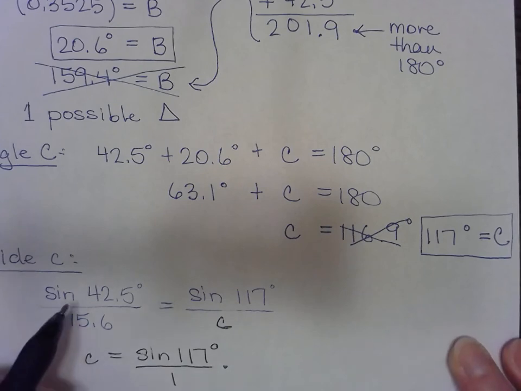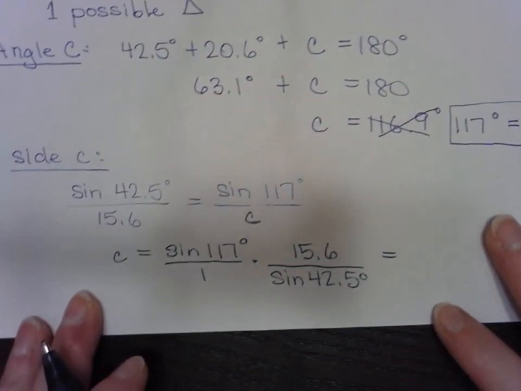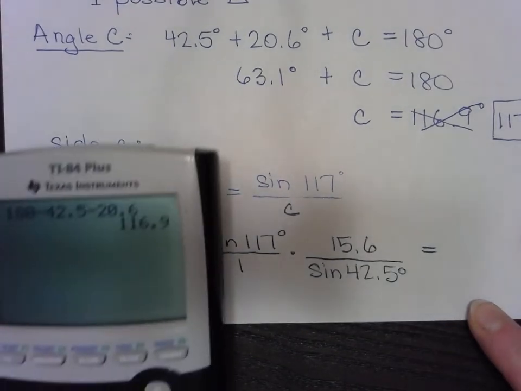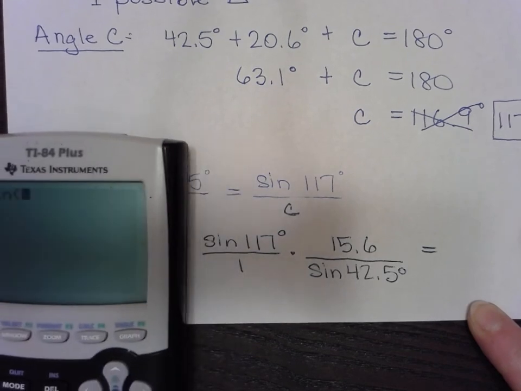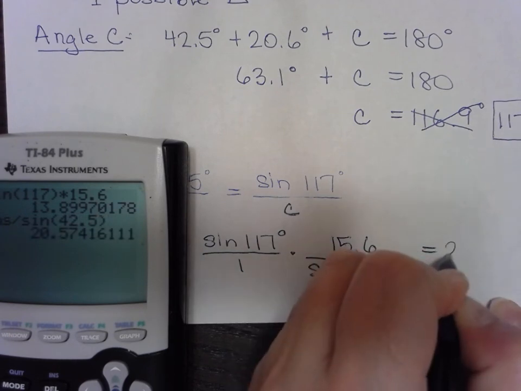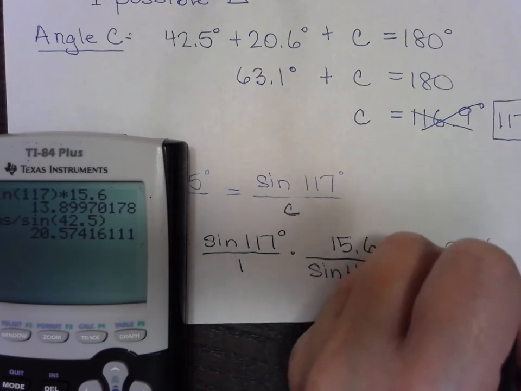And then I'm going to multiply by the reciprocal. And then I'm going to put that into my calculator. So I'm going to get, 3 significant digits, so 20.6 feet.